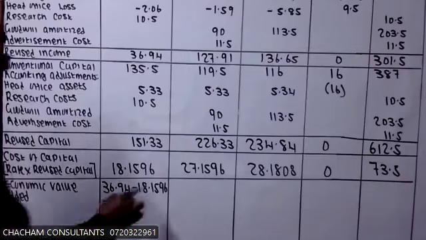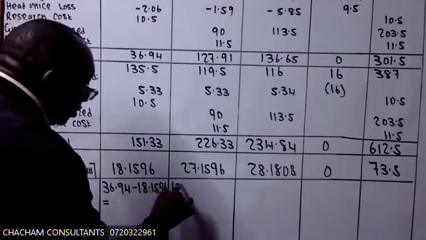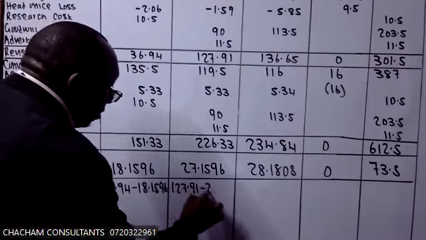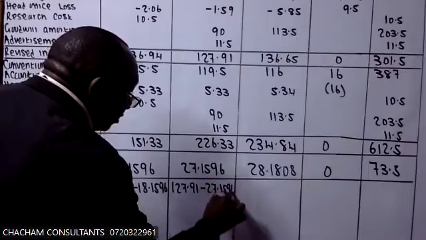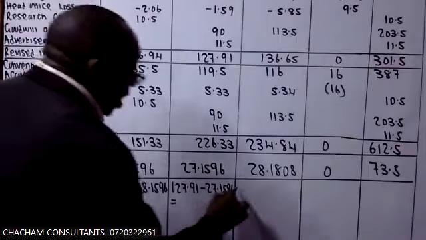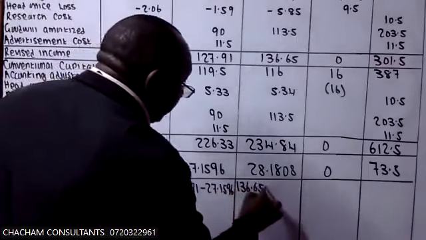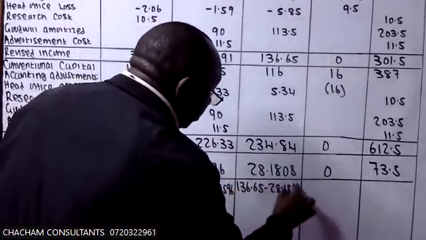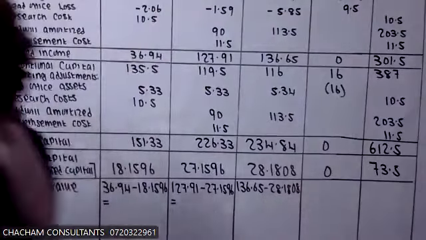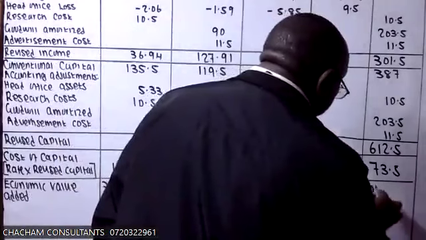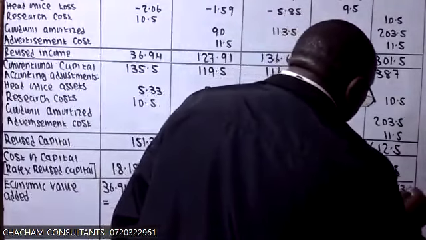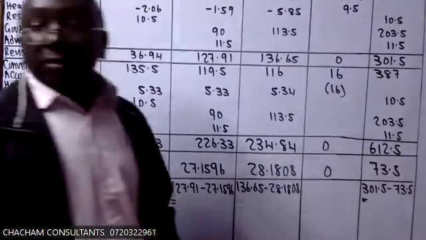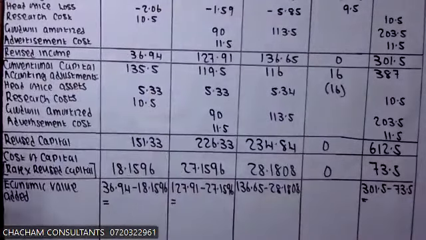Yeah, so the same case, utakuja hapa useme 127.91 minus 27.1596, 136.65 minus 28.1808, and 301 minus 73.5. So that is the end of the statement. Tutachora line hapo. That is the end of the statement.